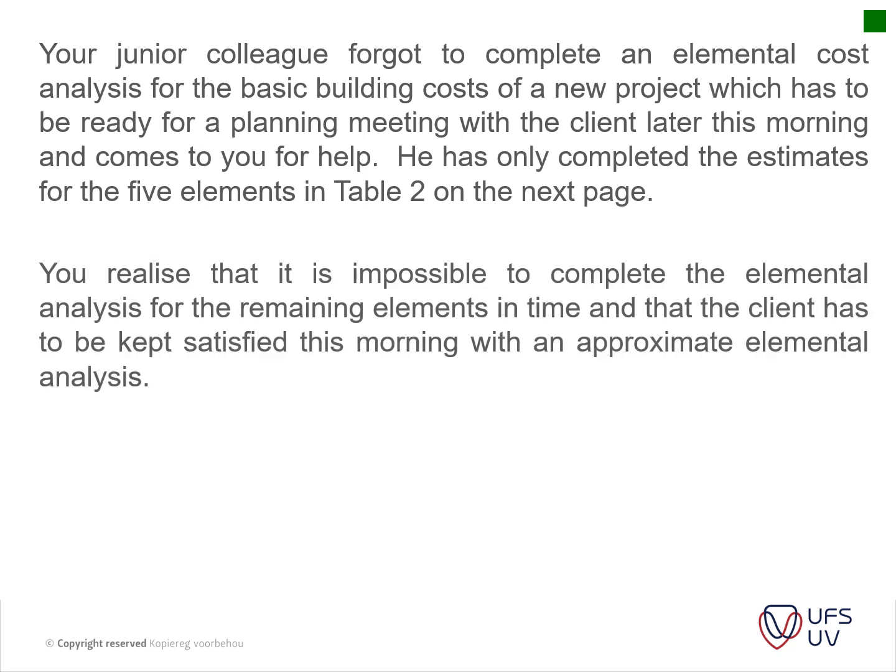So the main thing here is you realize that it's impossible to complete the elemental analysis for the remaining elements in time, and that the client has to be kept satisfied this morning with the approximate elemental analysis.